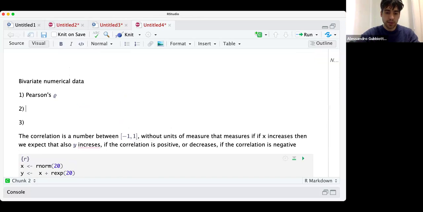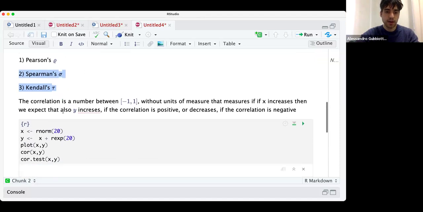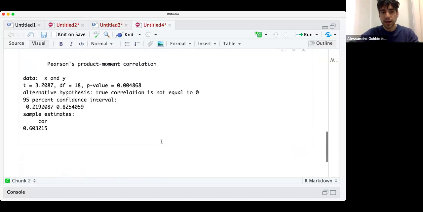There are also the Spearman's rho and the Kendall's tau. The advantage of these last two correlation coefficients is that they don't need the data to be linearly dependent.